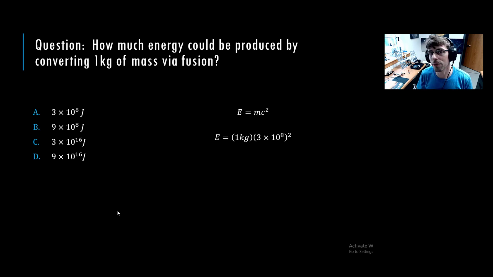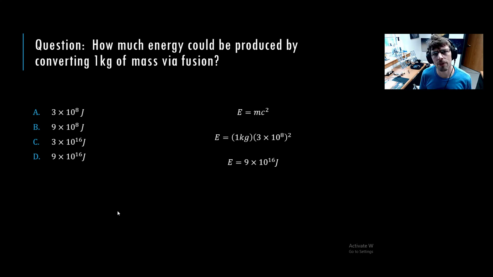And so the final result is 9, 3 squared, times 10 to the 16th. 10 to the 8th times 10 to the 8th is 10 to the 16th. So at the end of the day, we have 9 times 10 to the 16th joules of energy produced just by converting that 1 kilogram of mass into pure energy.